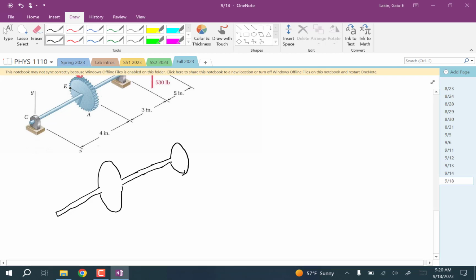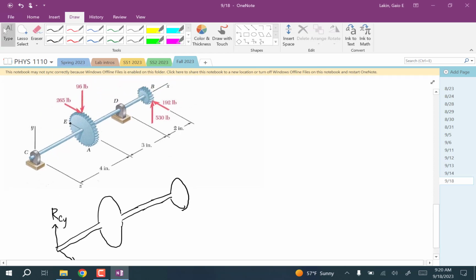Okay, so over here we have a force component that way and that way. I'll call that RCZ, and I'll call this RCY. Then we have 96 pounds there and 265 there.